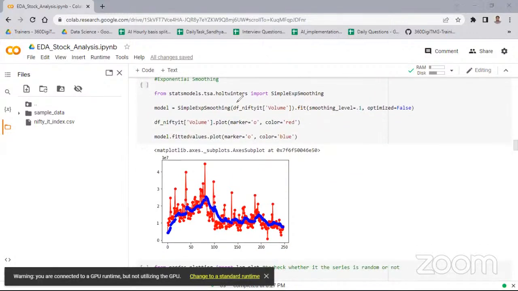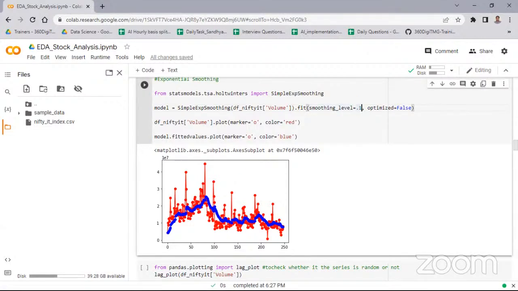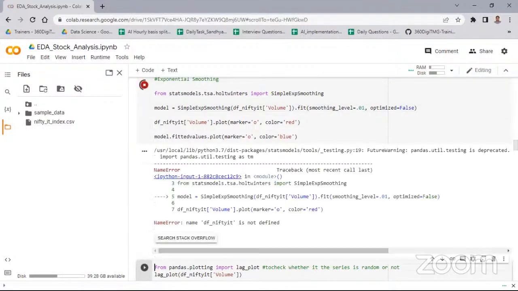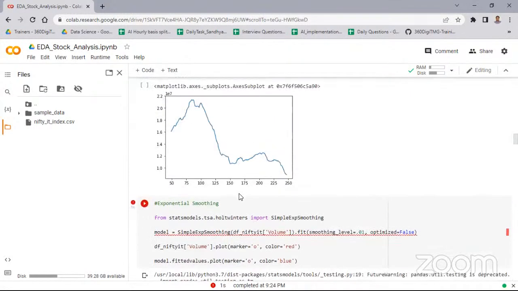And we also have exponential smoothing, where I'll be marking the particular graph I got earlier by making it smoother for 0.1. I can also do it for 0.01. Okay, so I just need to run from the first.